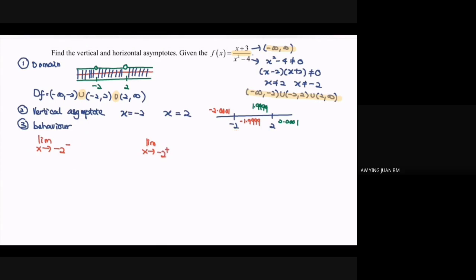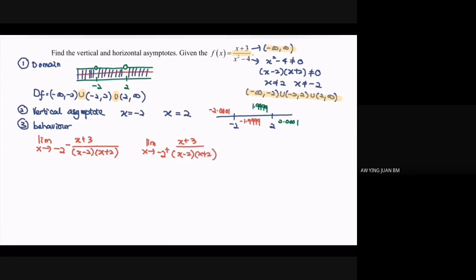Substitute the function. We have x plus 3 over x squared minus 4. In this part, my suggestion would be to substitute the simplest form, which means x minus 2, x plus 2. Another part, x plus 3 over x minus 2, x plus 2.